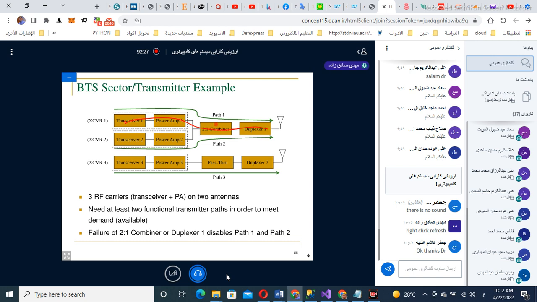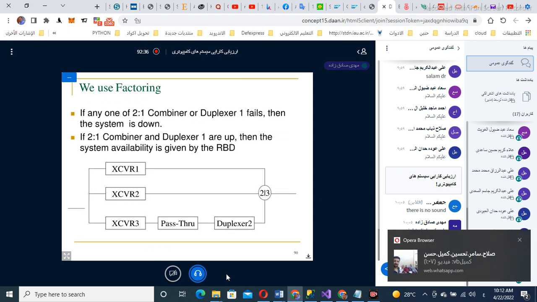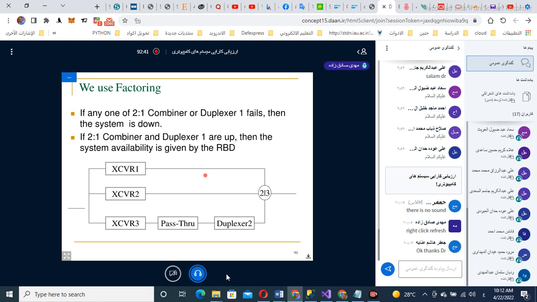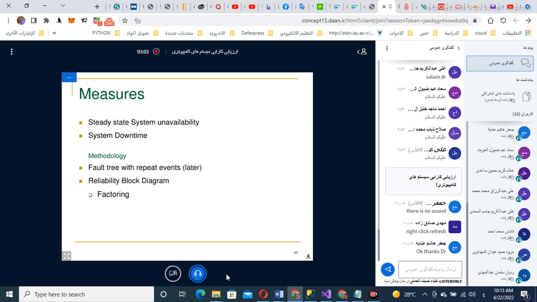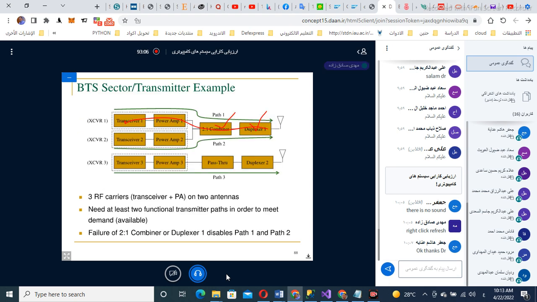Here duplexer 1 and combiner are on. With this, default. So come back.